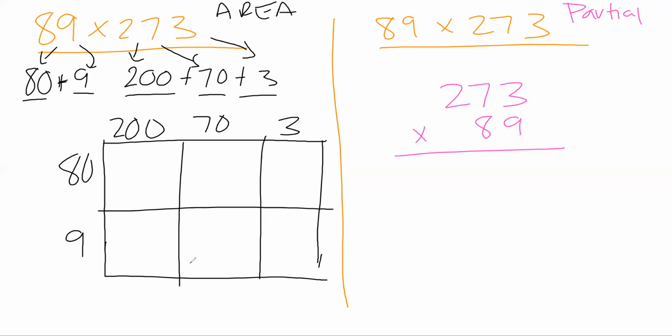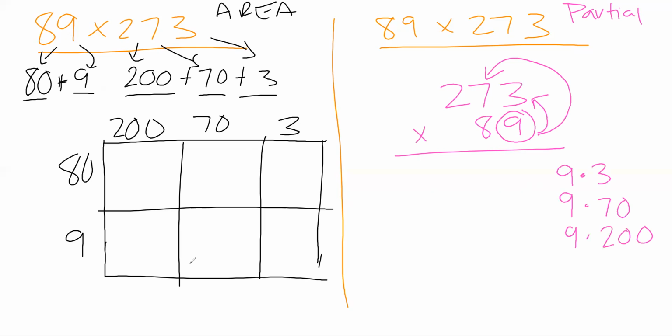We're going to start in our ones place and multiply it by the ones place. So it's going to be 9 times 3. And then I'm going to do 9 times 70, because now I'm going over to the tens place. And then it would be 9 times 200. There's the 9 times these numbers, which is what we do in an area model.